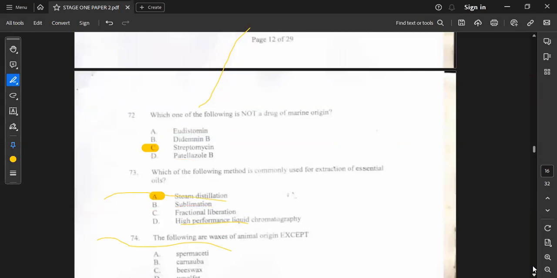Okay, can we recall something about essential oils? Anything?